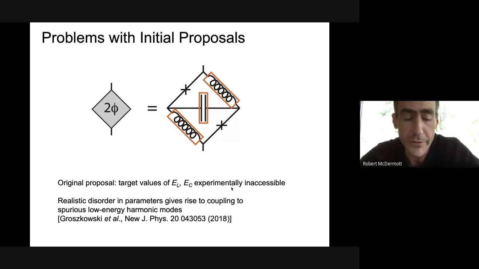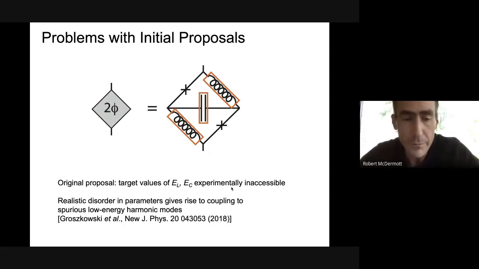So this idea has been around, as I say, since the early 2000s, and the initial proposals for implementing this type of qubit are described, for example, in this paper from Brooks, Kitaev, Preskill.